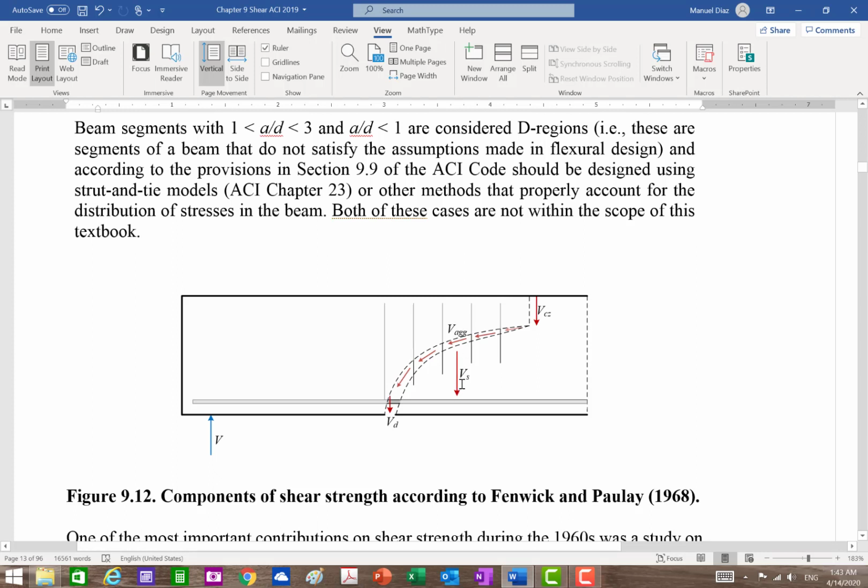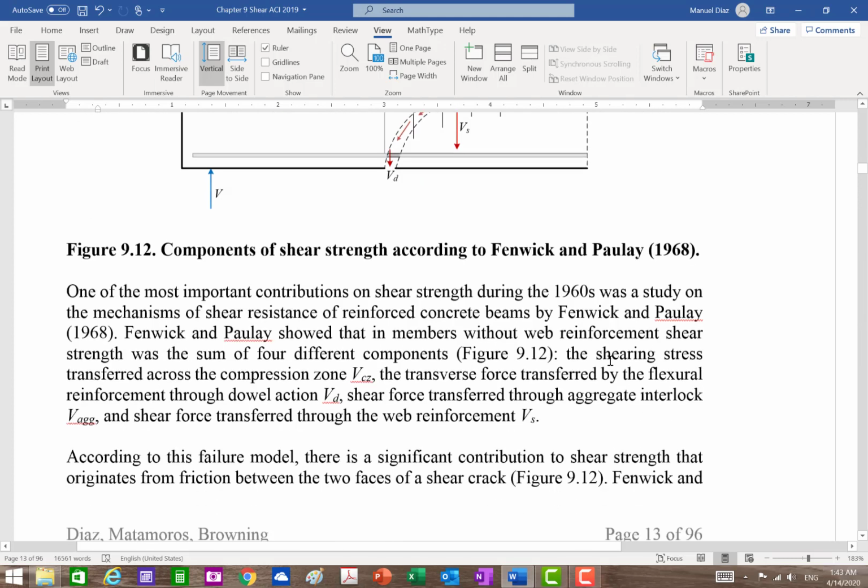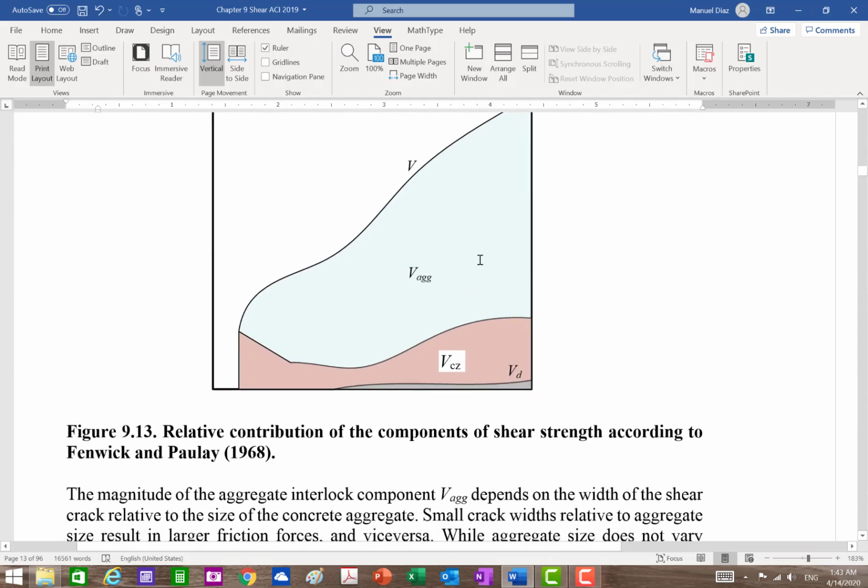The stirrups is the extra, right? And then your dowel action, right? All that contributes to that shear strength. And in general, I mean, this is what it was. I mean, the aggregate interlock was pretty high, and then your concrete was the rest, and your dowel was a little bit. So that's why we tend to ignore that sometimes.